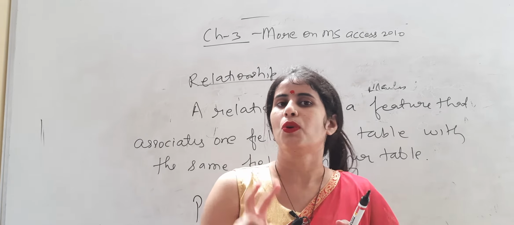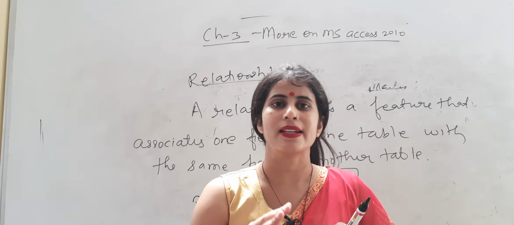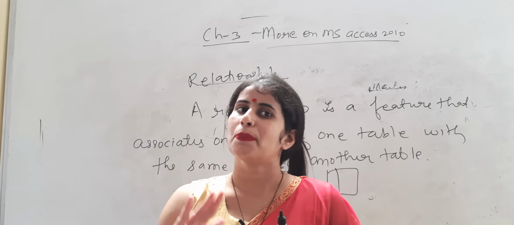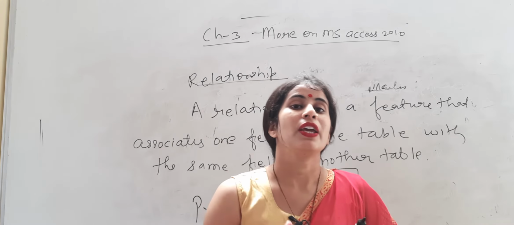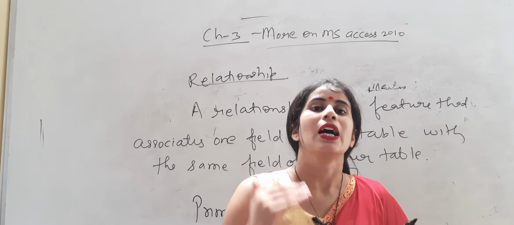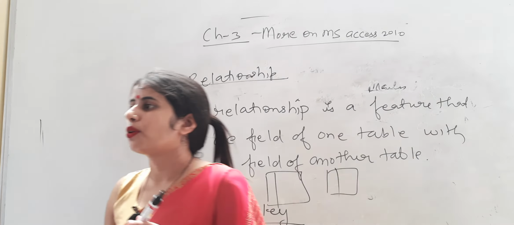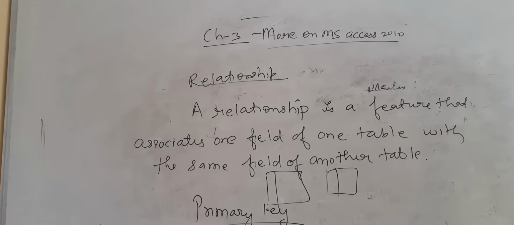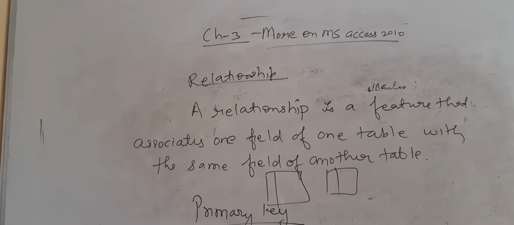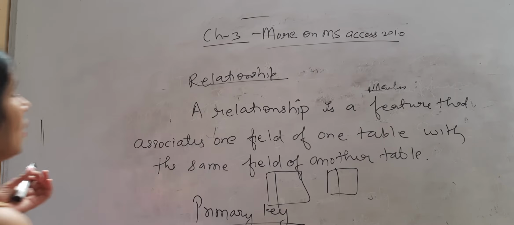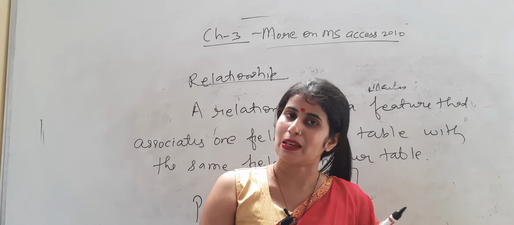We ask you only a 4 digit code, that is admission number, and with the help of that admission number we are able to get all your records, like your name, your father's name, your class, your section, everything, with the help of this primary key.